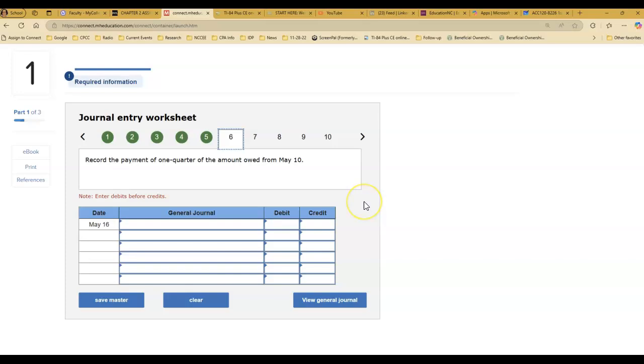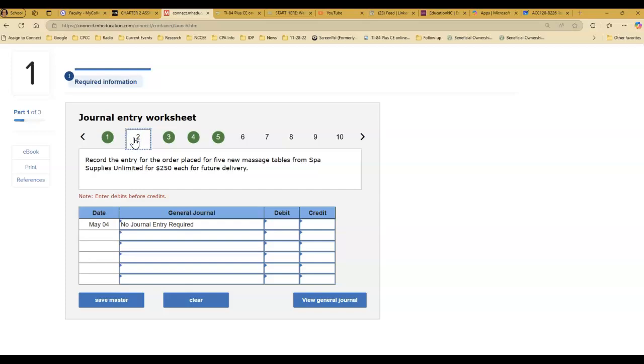All right. Number 6, record the payment of 1/4 of the amount owed from May 10th. Well, now we got to go back to May 10th. Okay. May 10th, let's see, was this one. So first of all, we've got to record 1/4 of that amount, which is $200, right?